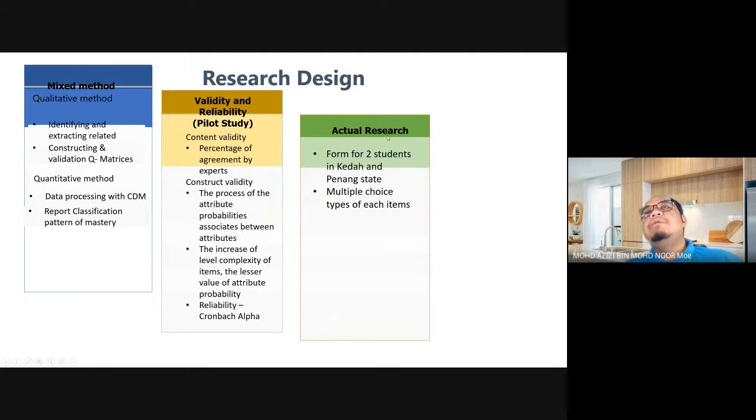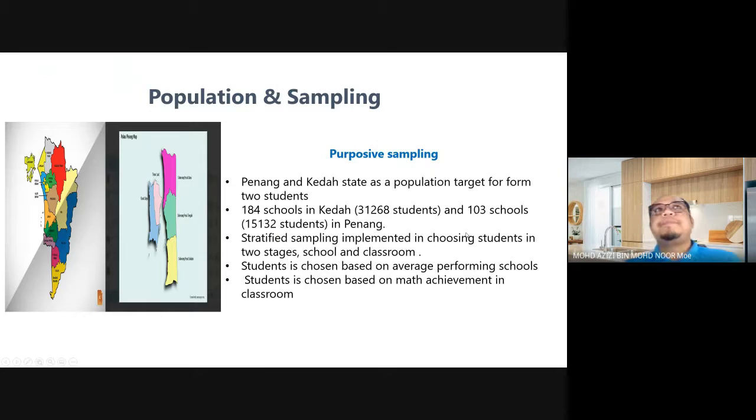The actual research was implemented with Kedah and Penang Form 4 students, and the type of items will be multiple choice. Regarding population sampling, sorry, this is actually stratified sampling. We will be implementing it in Kedah and Penang states as the target population. Kedah involves 31,268 students, and Penang involves 15,132 students.